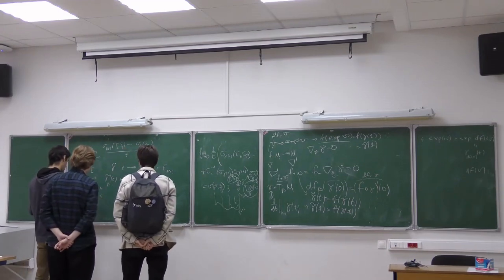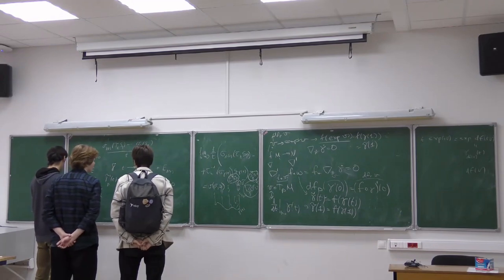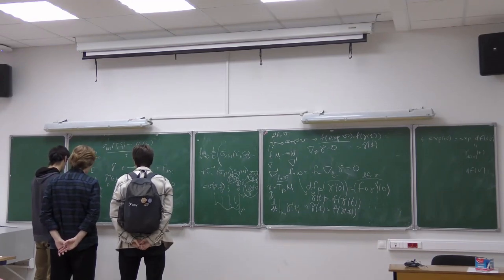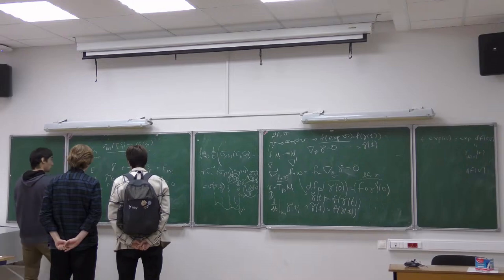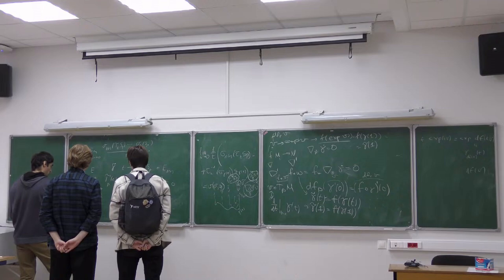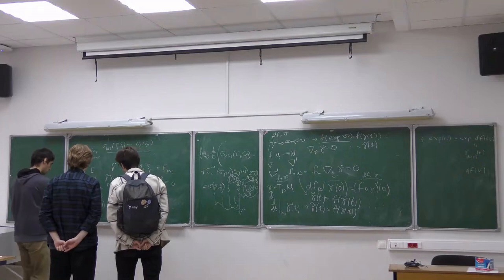Значит, дальше, если я так определил, то что у меня здесь получается? Ну, я просто хочу вычислить. Я могу определить f альфа со звездочкой от t, это просто f альфа от гамма. Просто по определению f альфа.